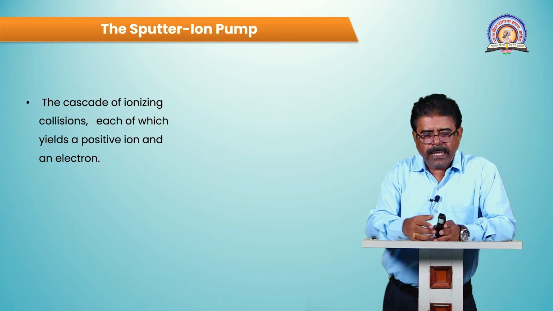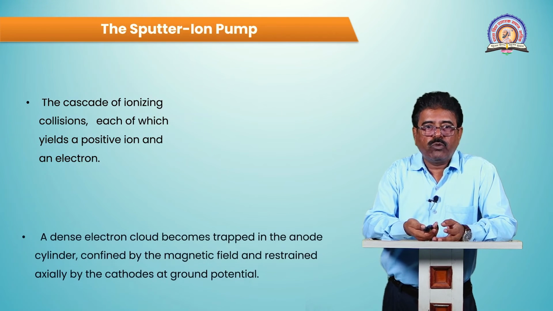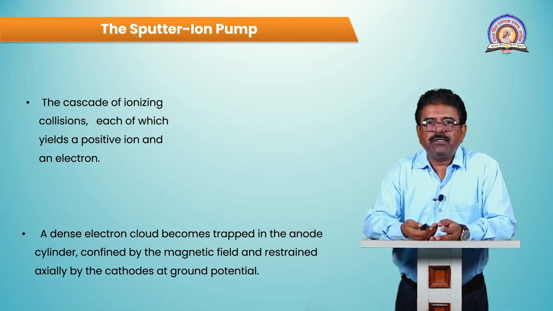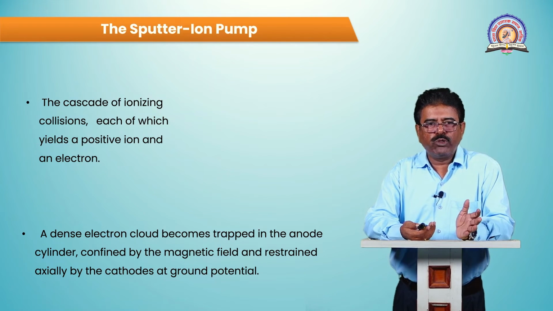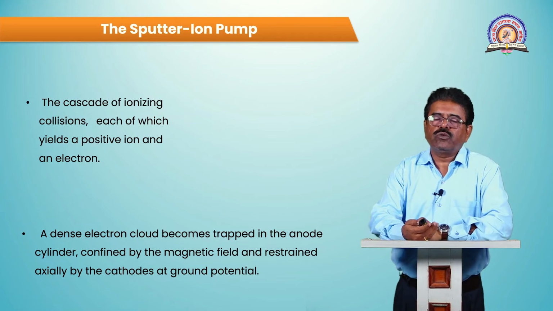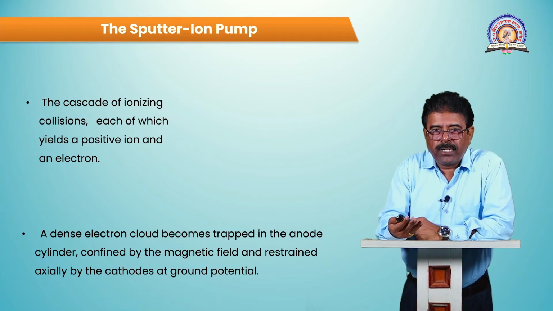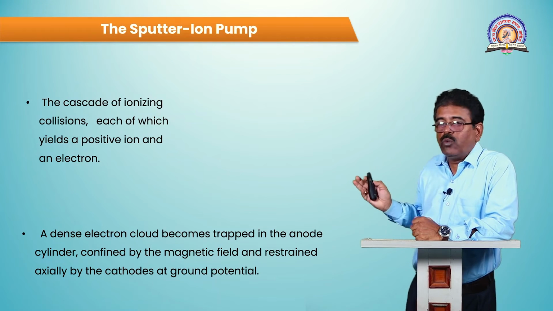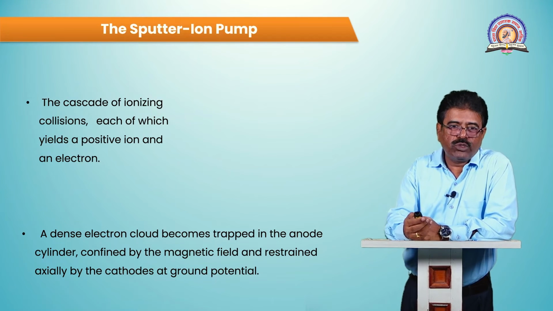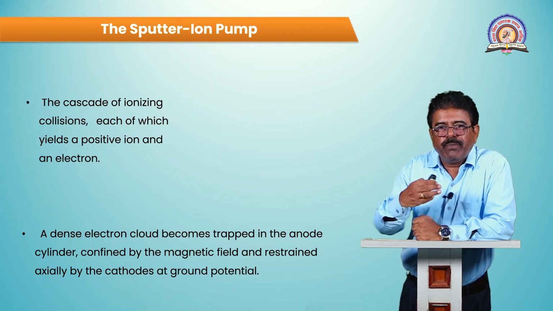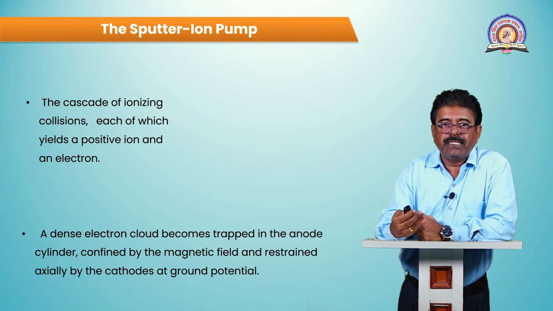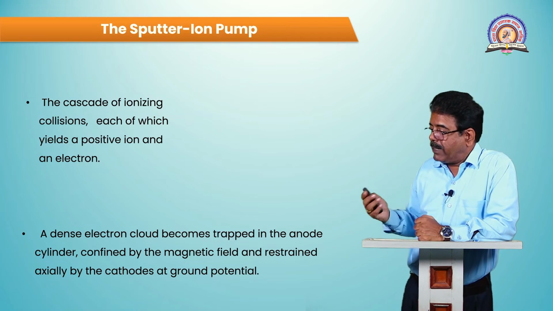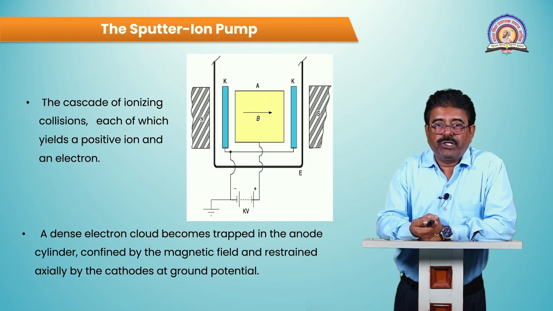A positive ion and an electron will be produced. Because of that, a large number of such positive ions and electrons will be produced. These electrons will form an electron cloud, and this electron cloud will be trapped in the anode cylinder, and this magnetic field will confine it radially and restrain it axially by the cathodes, which are placed at ground potential.